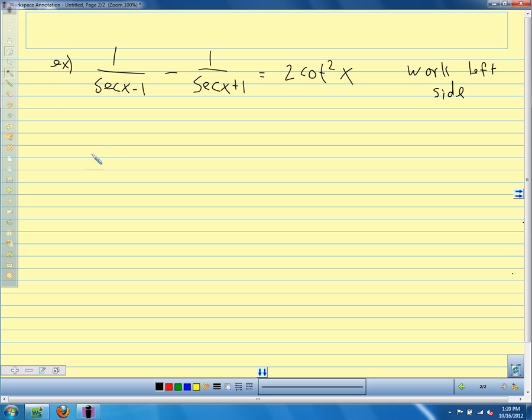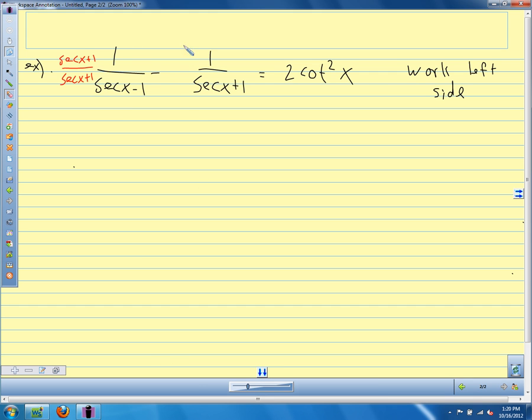So I'm going to move this over a little bit just so I can write mine. I'm going to multiply this part by secant x plus 1 over secant x plus 1. And I'm going to multiply, I'll move my minus sign over here.